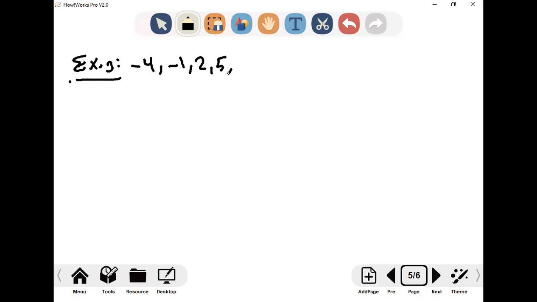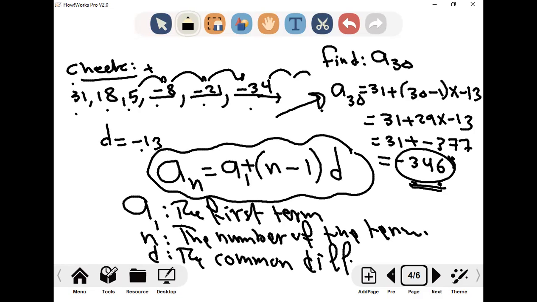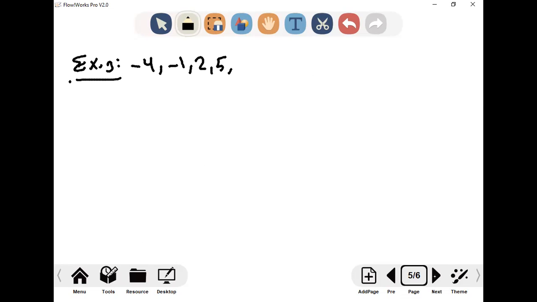Part A, write an equation. That means they want us to find the nth term, an in general. But to find the nth term in the formula, I need 3 values, which are a1, n, d. Right, a1 I know from the sequence. d I can find from subtraction. n, keep it as n because they want an equation, not values. Got it?